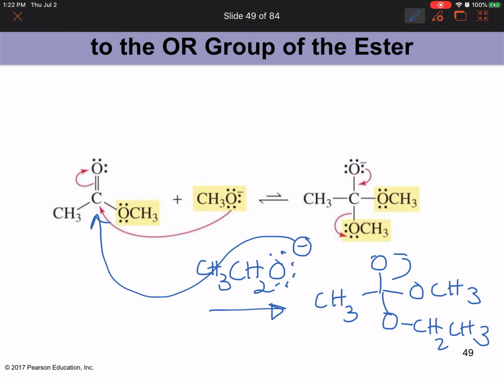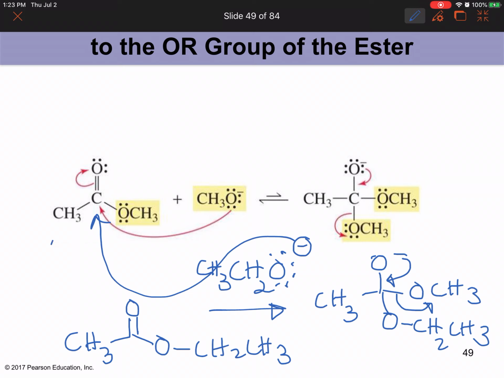So when it reforms, there are two choices. It can lose either the methoxy group or the ethoxy group. What happens if it loses the methoxy group? What is the ester you're going to get? You're going to get your ester as CH3CO2CH2CH3. So you're going to get a different ester than what you started with.